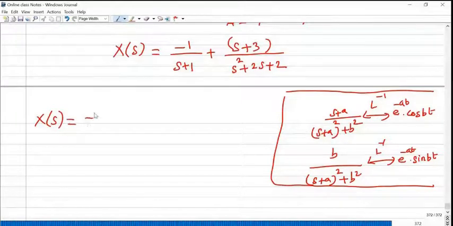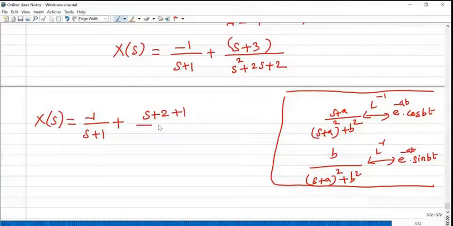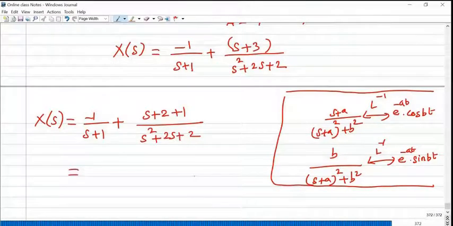So minus 1 divided by s plus 1, 1 divided by s plus a formula, no issue. Shall we write this term s plus 3 as s plus 2 plus 1? 2 plus 1, 3, no? s square plus 2s plus 2. Then s plus a divided by s plus a square plus b square.